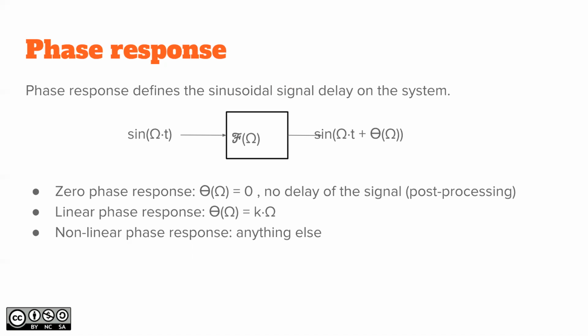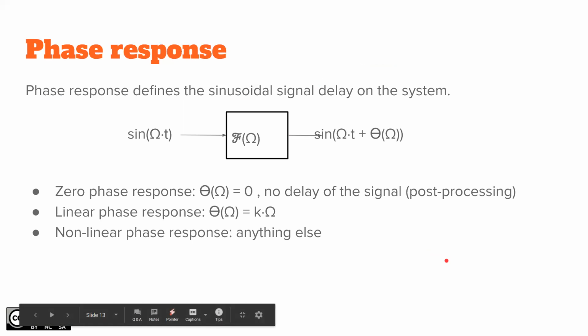As in, say, data transmission, it's quite crucial that you keep the phase response as linear as possible. On analog systems, there's the Bessel filter, which is optimized for the nearly linear phase response on the passband. On digital systems, you can have fully linear phase response on the passband.